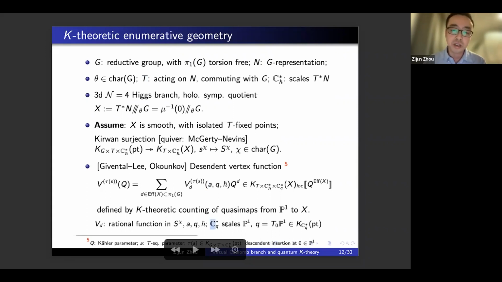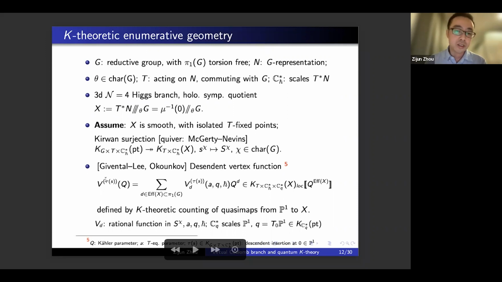Here the C star q is a C star on P1, and q is the tangent character of P1 at 0. I use the same notation C star q as before. So C star q in the Coulomb branch scales a formal disk, and here it scales P1. So these two C star q are essentially the same.